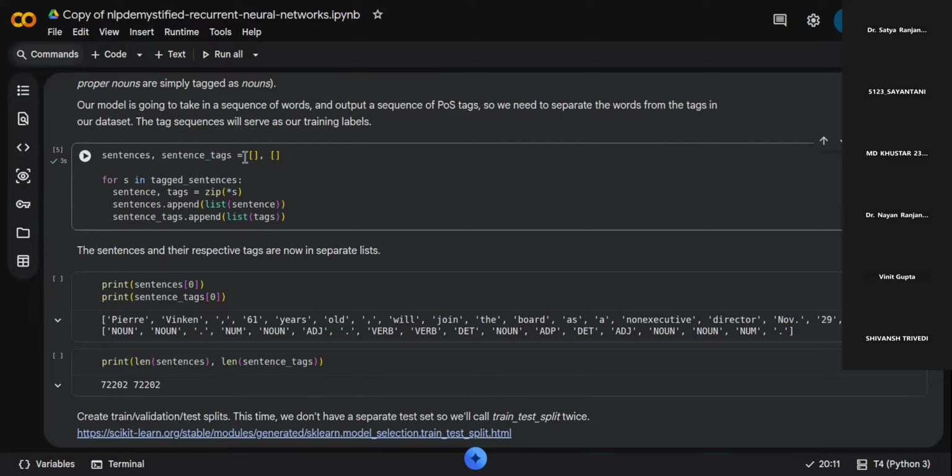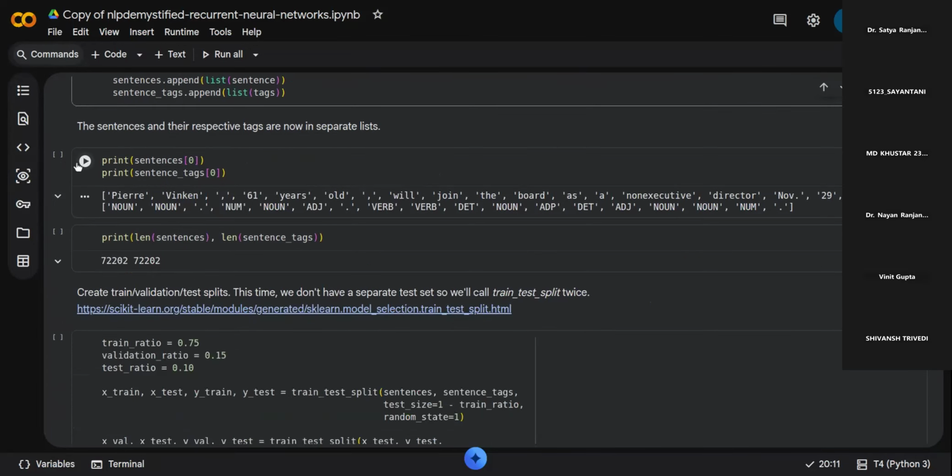One list contains the sentences, and their corresponding tags are contained in sentence underscore tag. Now if you want to see, sentence 0 contains the sentence Pierre Vinken, 61 years old, like this, and sentence tag 0 contains their corresponding tags. So we got this. Okay, and how many such sentence and tag pairs are there? There are 72,202 sentences and their tag sets.